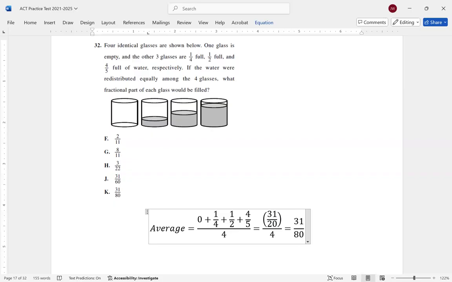So 31 over 80 is the average amount, and that means if I redistributed them into each glass, each glass would have 31/80 amount of water. So K is the answer to question 32.